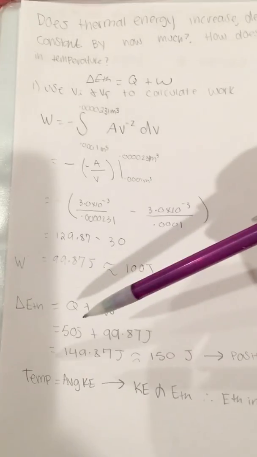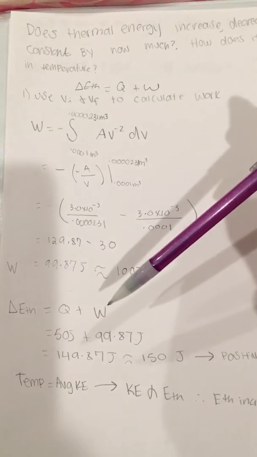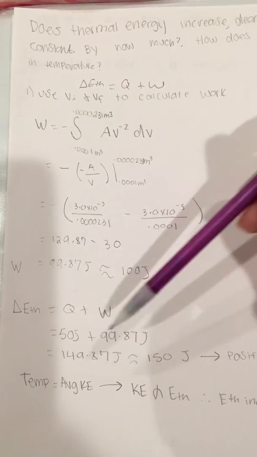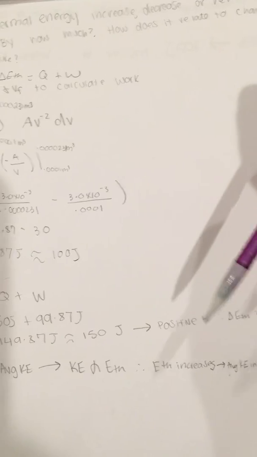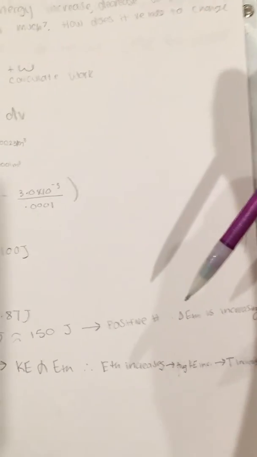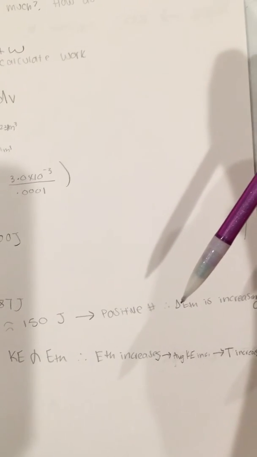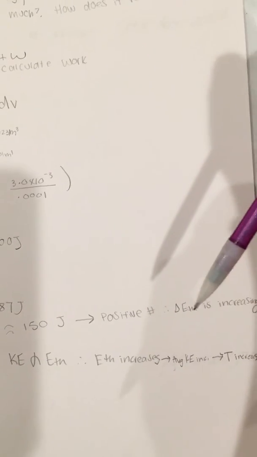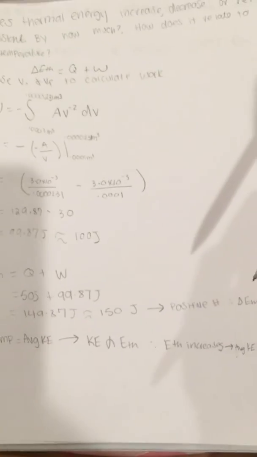And so we put that back into our delta E equation. We get that it's Q plus W. Q is positive, W is positive. When we add them together, we're going to get a positive number. So since we have a positive number, we know that the change in thermal energy is positive, which shows us that it's increasing.